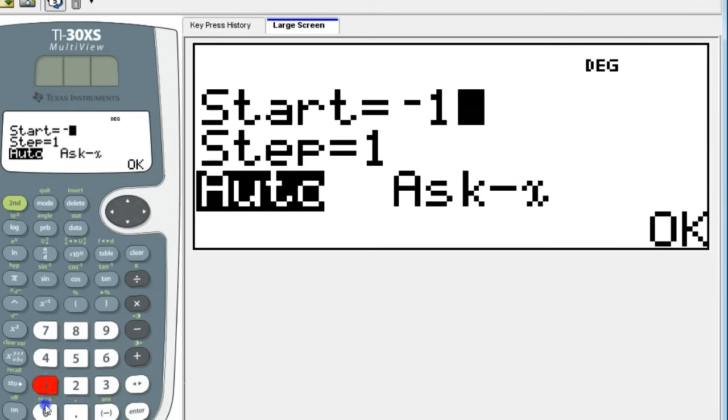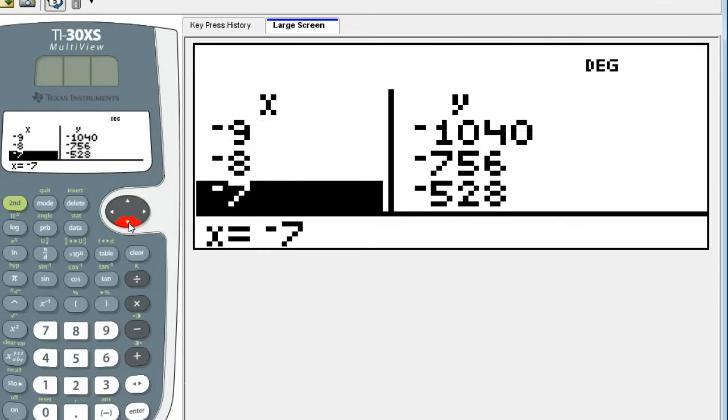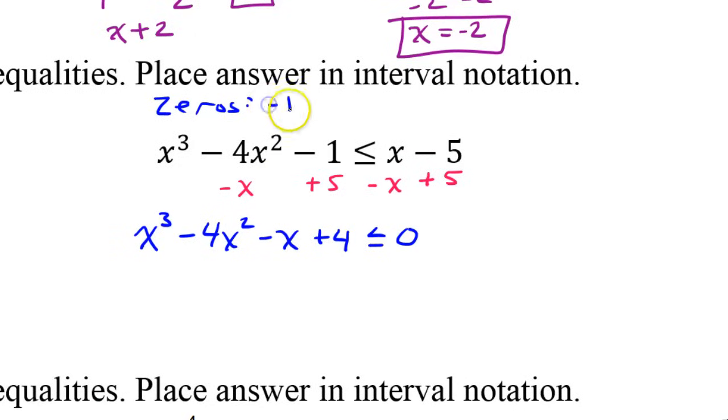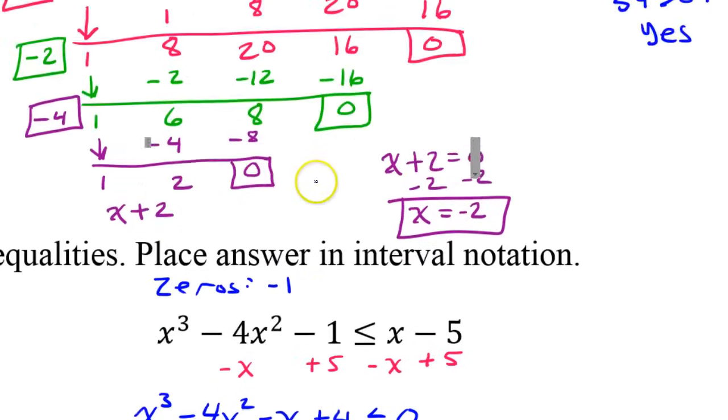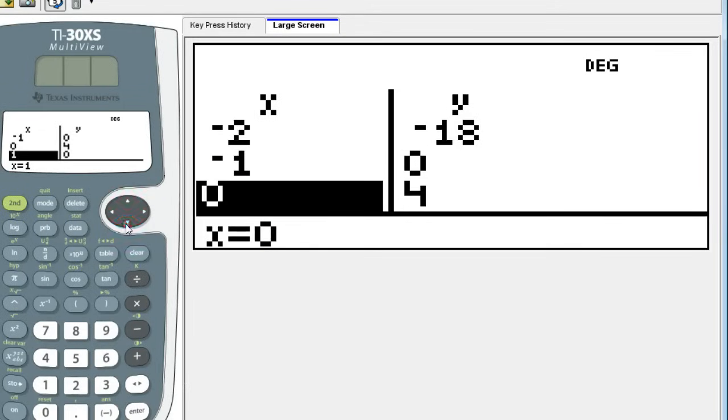Alright, I always start at -10 because it rarely goes beyond that. So I'm scrolling down, I'm looking for zeros on the y side. Alright, so I have a 0 at -1. Keep scrolling. I have another one at +1.